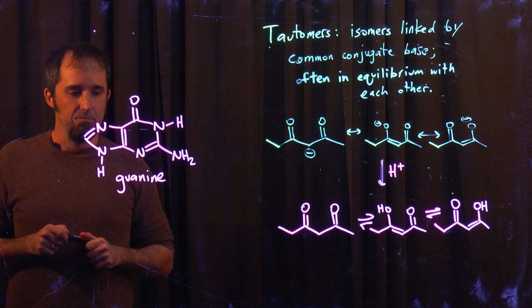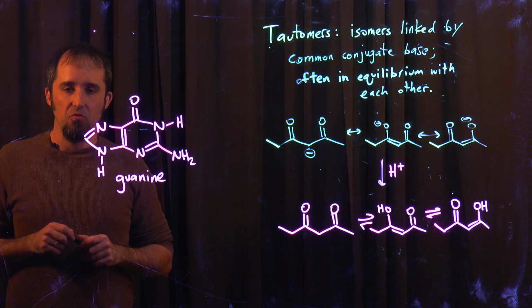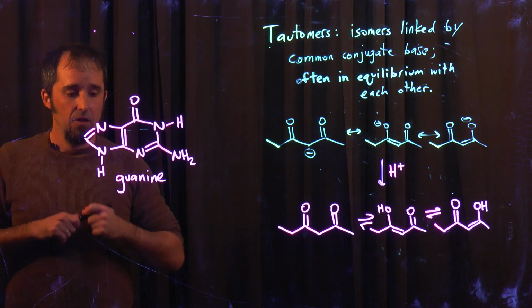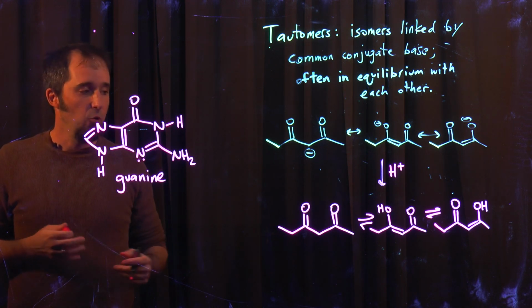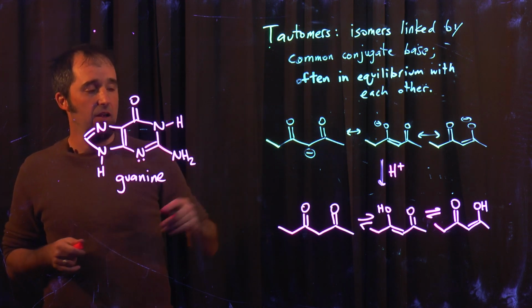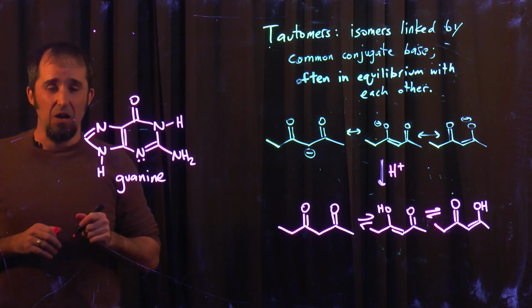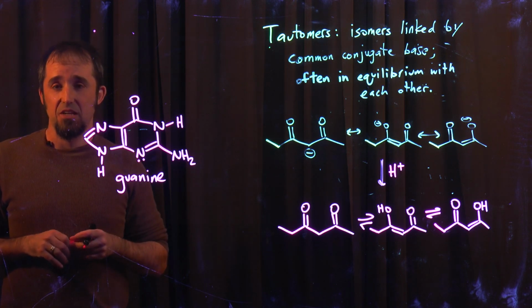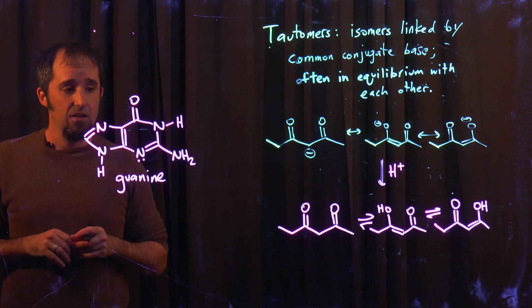So here's guanine. Let's try to look for tautomers of guanine. To look for tautomers, what I'm going to look for, so here, if I look at resonance structures, I'm looking for a lone pair next to a pi bond. Here, I'm actually looking for a proton next to a pi bond, particularly an acidic proton next to a pi bond.